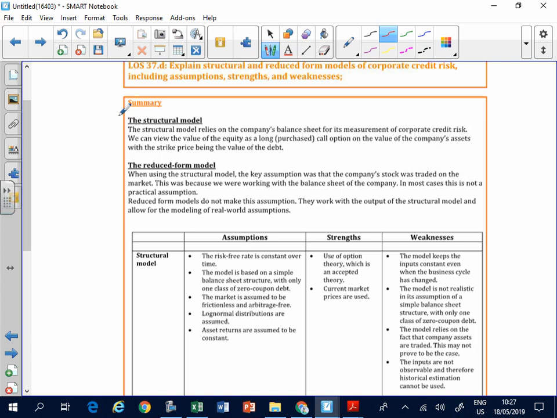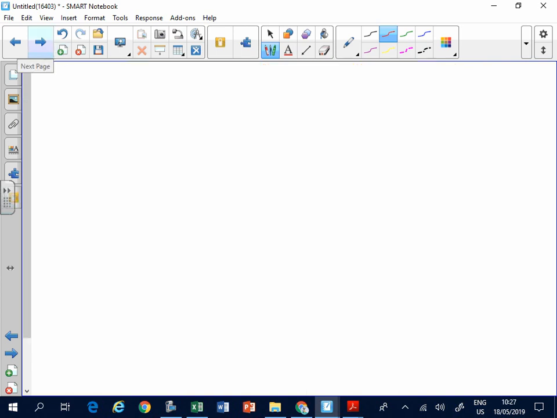So I value the equity as a call option on the firm's assets. I value the debt as a risk-free bond minus a put option on the firm's assets. Does that sound familiar? So the value of equity is a call on firm assets.